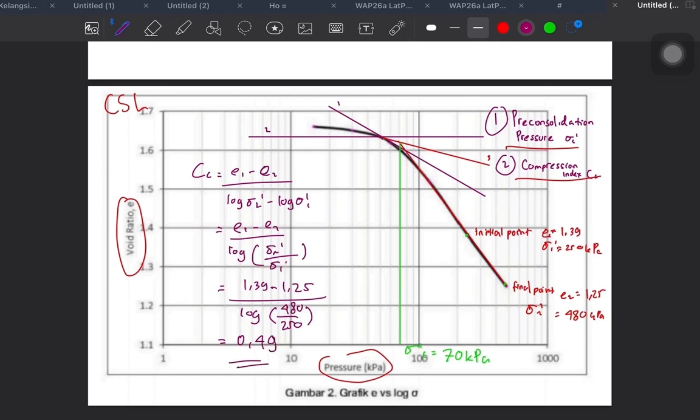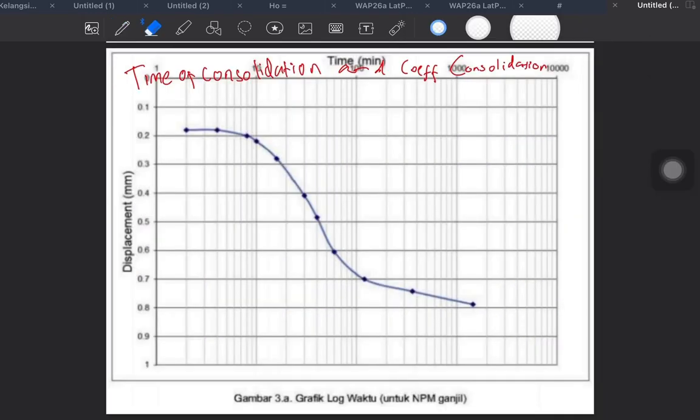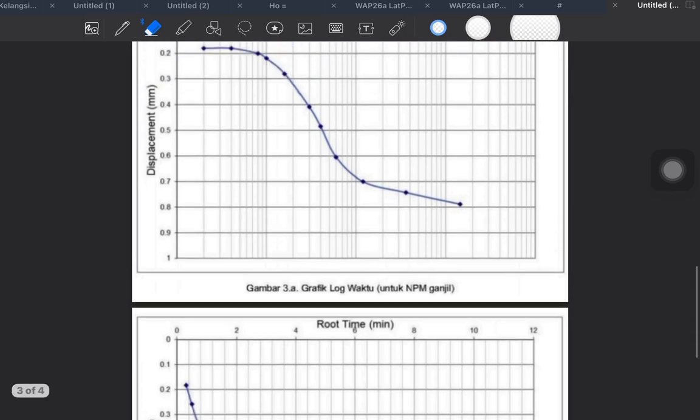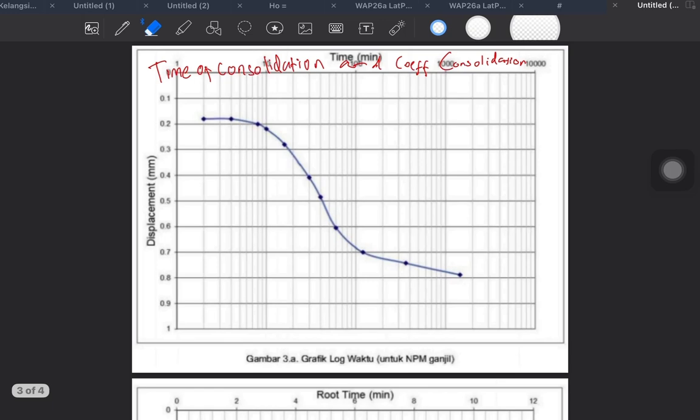Okay, next to the second diagram. This is the second diagram. You can use this diagram to calculate the time of consolidation and the coefficient of consolidation. There are two major methods to calculate the time and the coefficient of consolidation.